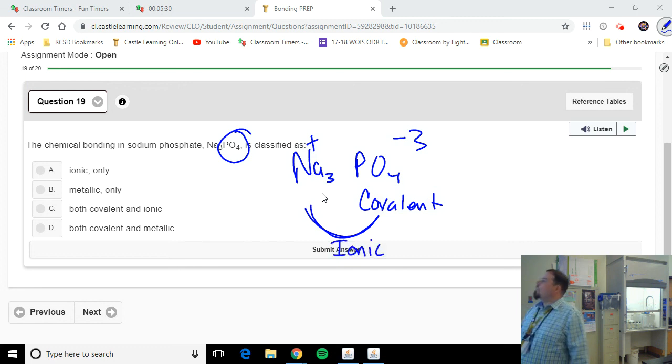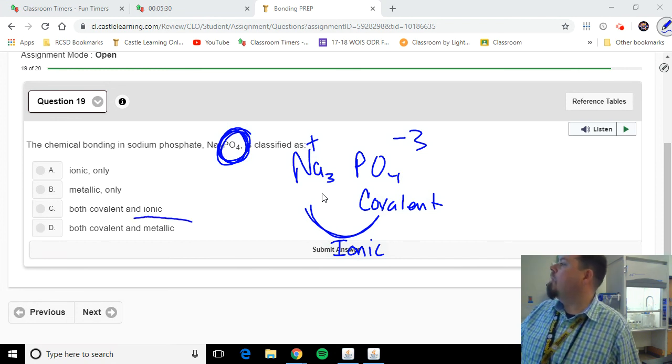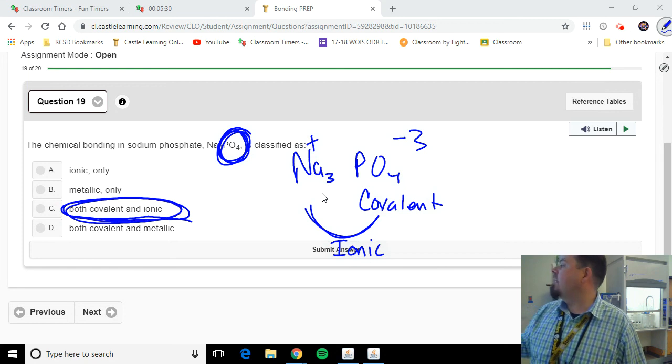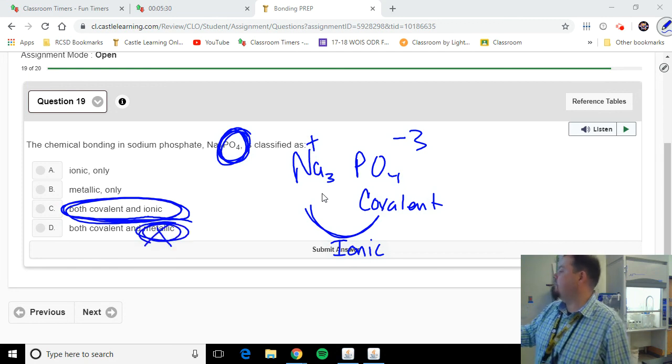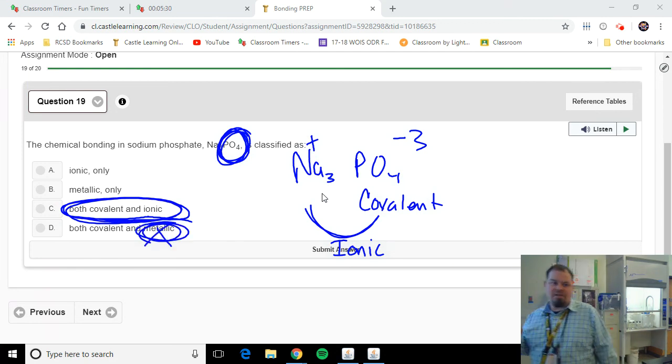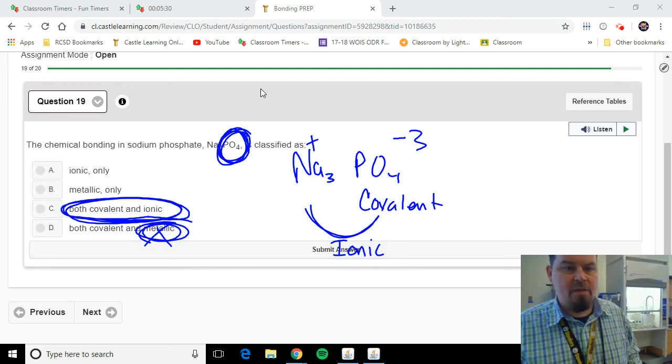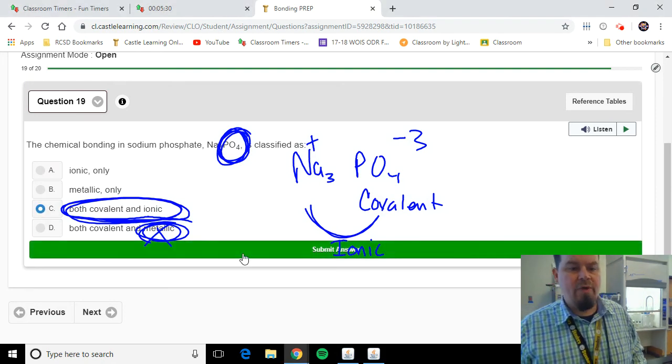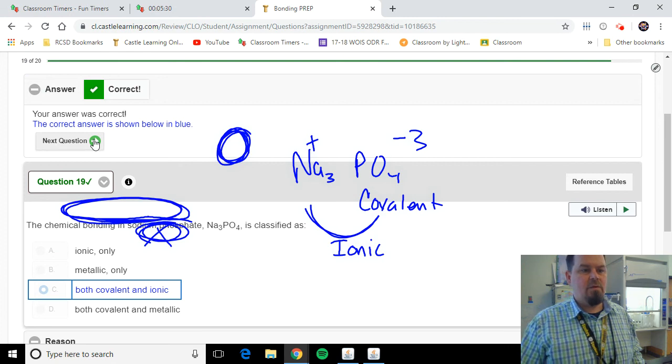So when I see a polyatomic ion, I know that both covalent and ionic bonds are present, not metallic. That's the trick right there. They tried to trick you right there. And that was in the notes twice, that when there's a polyatomic ion, both ionic and covalent bonds are present.